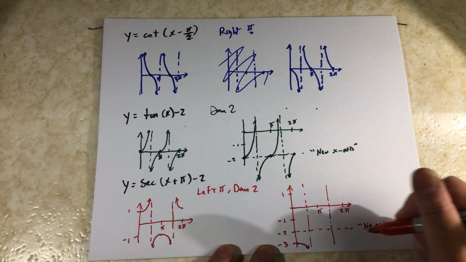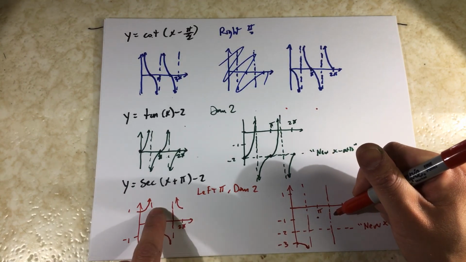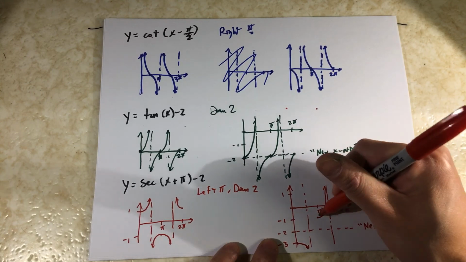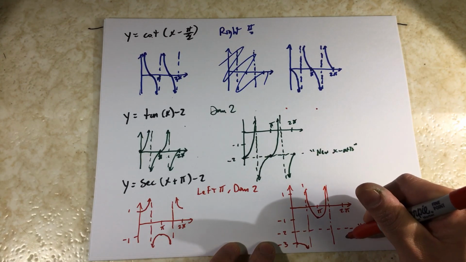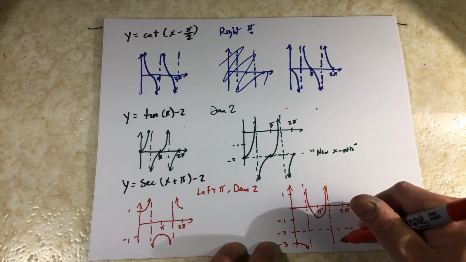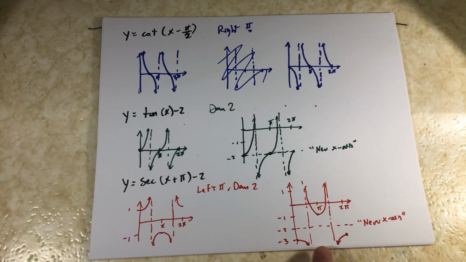That's where I kind of ran out of room. Here, we had a point that gets shifted to the left, so we have something that looks like this. And then we're going to have another point over here.